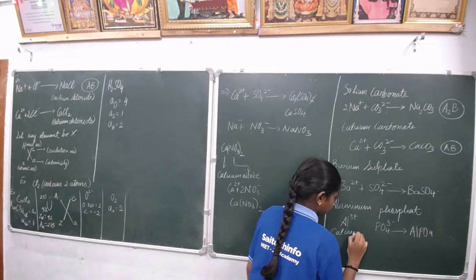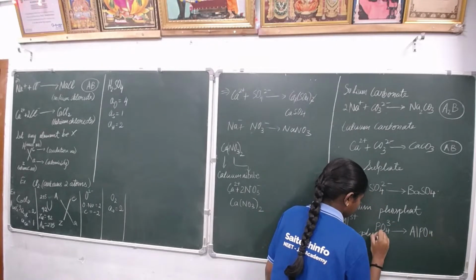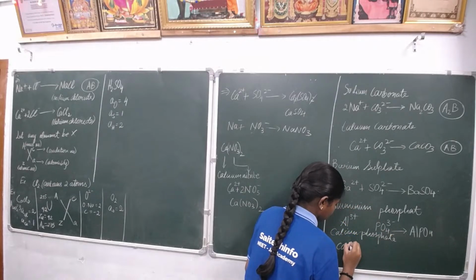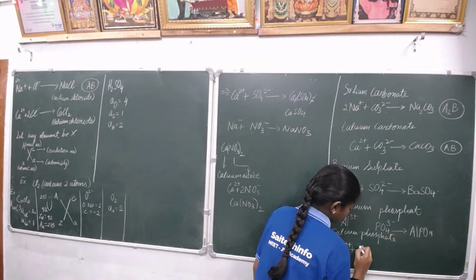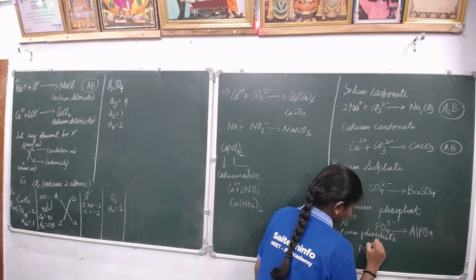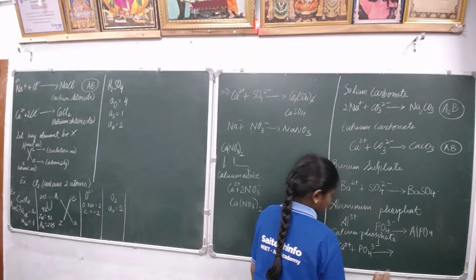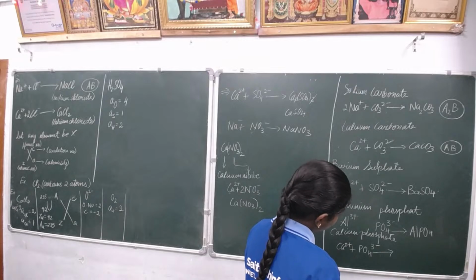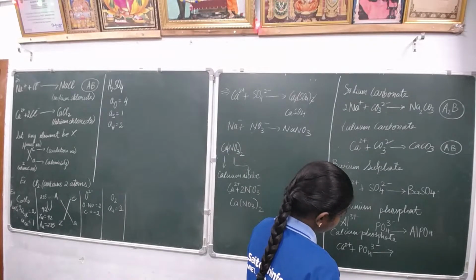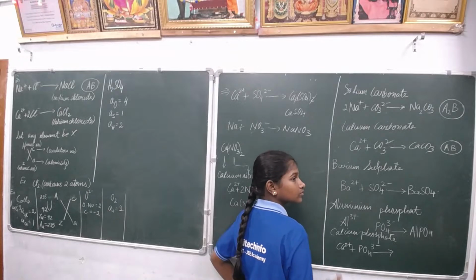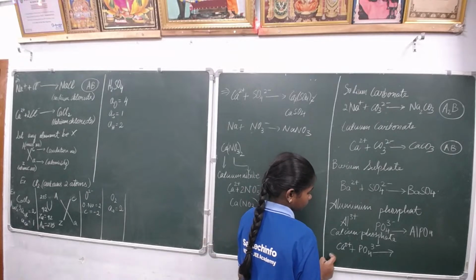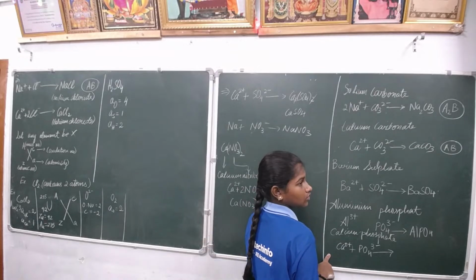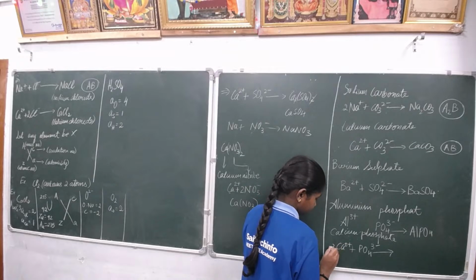Let me declare calcium phosphate. Now we will try to obtain the molecular formula. What is calcium? Ca2+. Plus what is phosphate? PO4 3-. Now we have to balance it. Okay. So you should get neutrality of charge. In that case, what is the LCM between these 2 and 3? 6. So this can be multiplied by 3 and this is multiplied by 2.